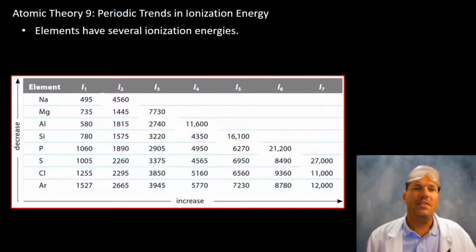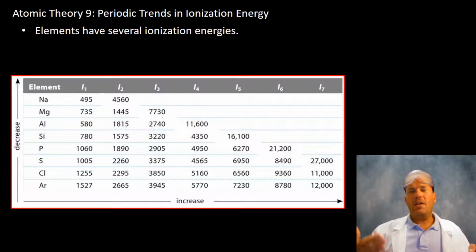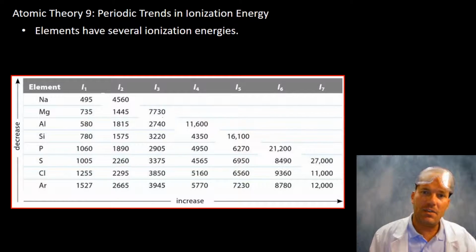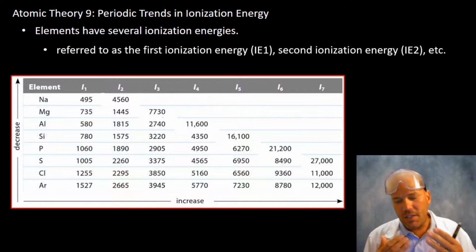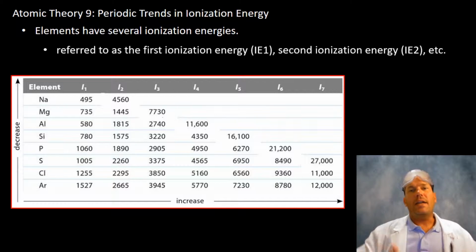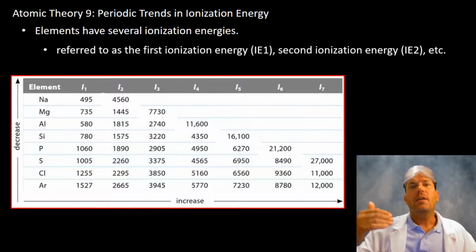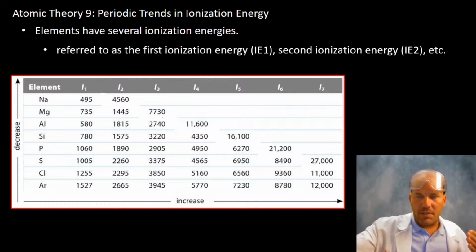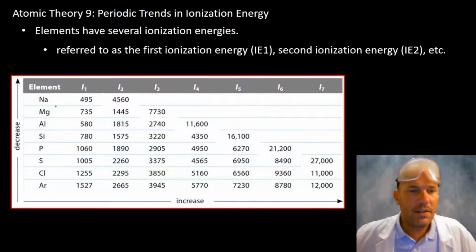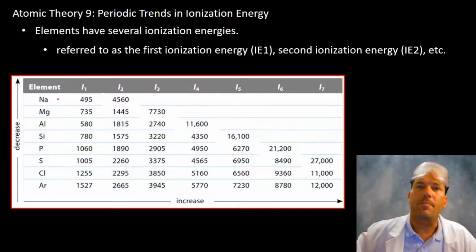Ionization energies often are measured at different levels. Depending on the chemical species, there are multiple ionization energies. These are typically articulated as ionization energy 1, ionization energy 2, or the second ionization energy, the third ionization energy. And in this table here, let's look at sodium.